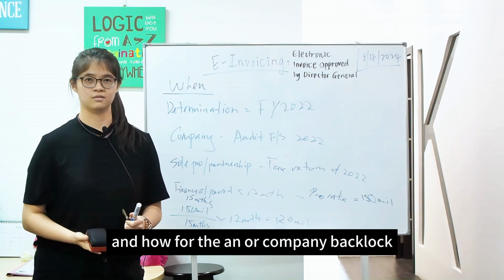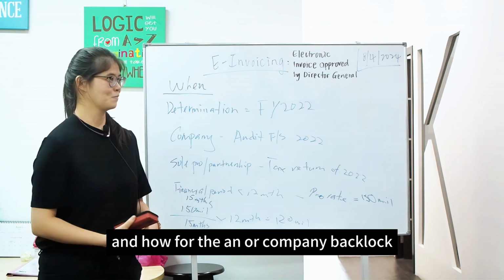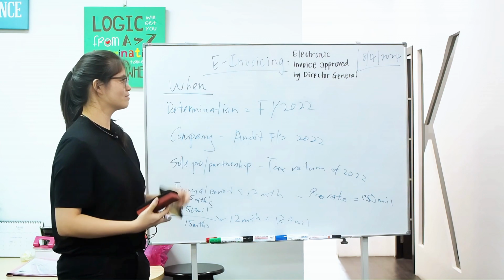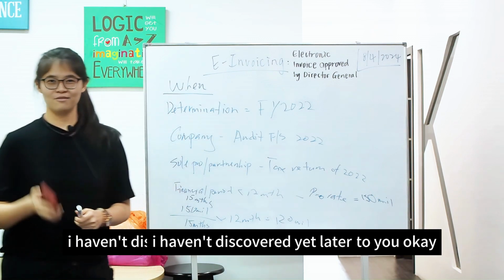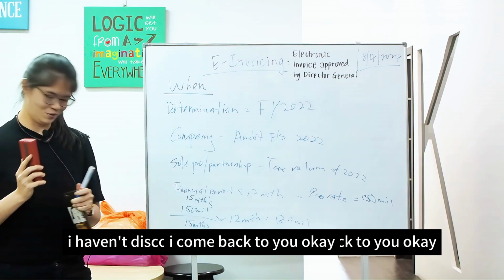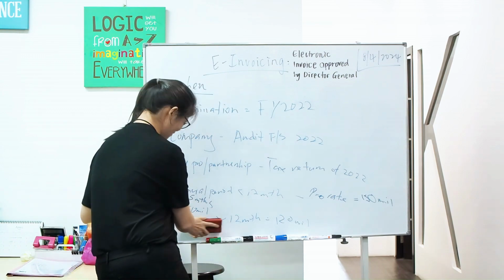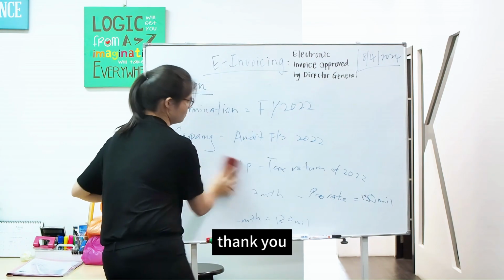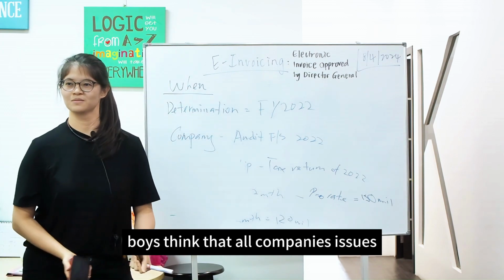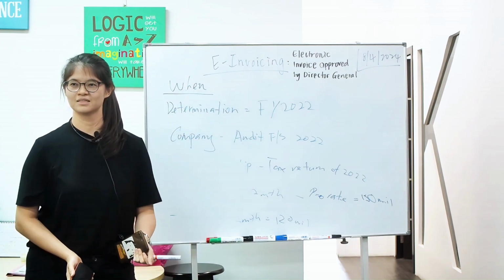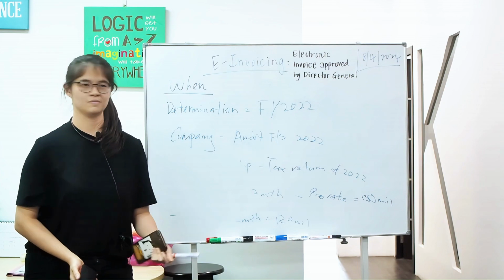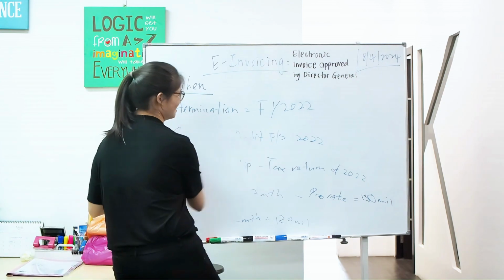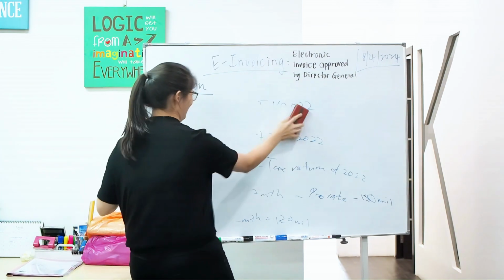Then how about backlog companies? Backlog. I haven't discussed that yet. Later I will come back to you, okay? Sorry. I think with e-invoicing, backlog companies will have issues. Either they clean up the accounts or they close out.